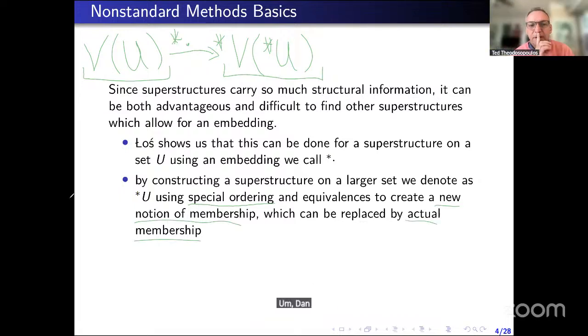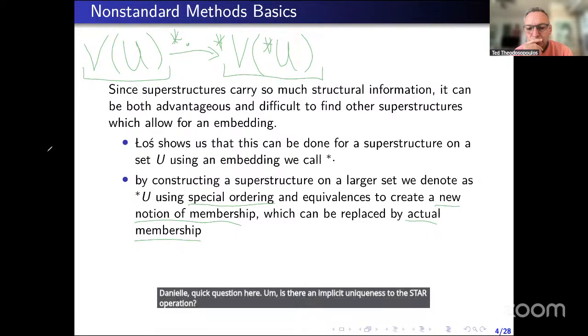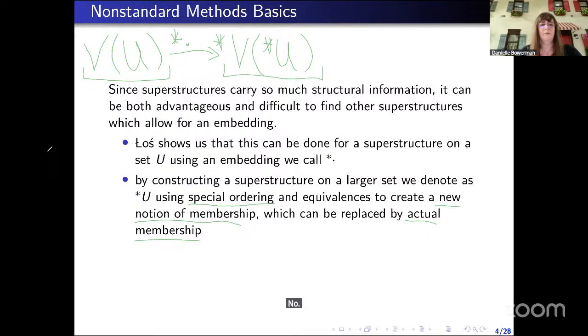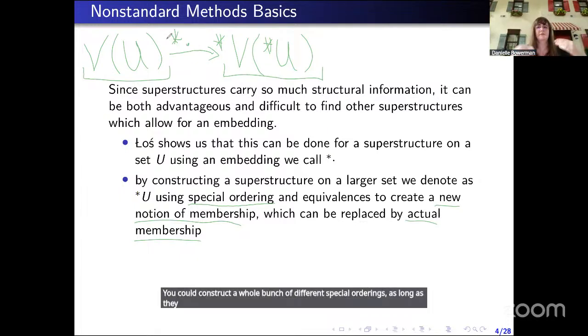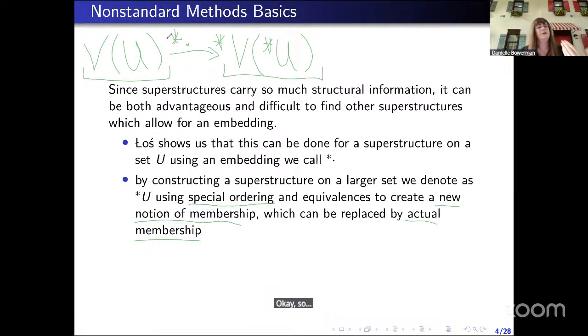Danielle, quick question here. Is there an implicit uniqueness to the star operation? No. I don't believe there is only one star operation that works. You could construct a whole bunch of different special orderings as long as they follow certain properties that require being cofinite or ultrafilters that contain every cofinite set of some indexing set.